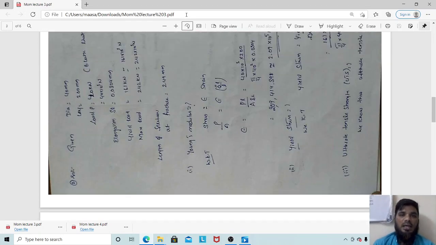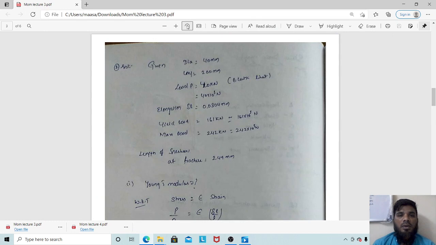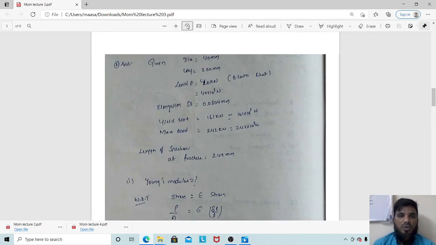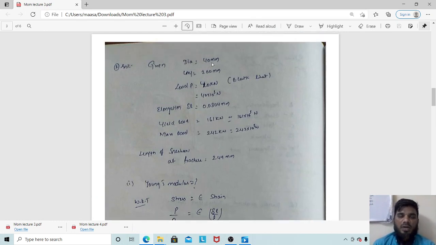So let us take this problem. What are the given data? First we have to note them down. The diameter is 40 mm. As I have previously told you, in most problems the linear dimensions like the diameter will always be given in mm, so try to solve the problem in mm in most of the mechanics of materials cases.